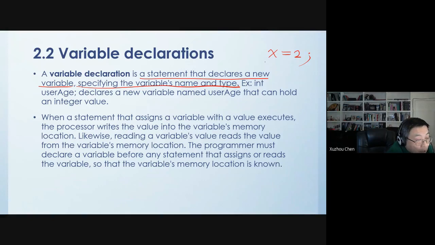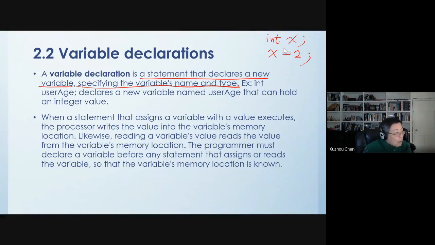Otherwise, if you say x = 2 and you compile it, it will give you an error message. So you need to declare it. If x is an integer type, you're going to say int x. Then x is declared as an integer, and then you assign an integer to x. That makes sense.